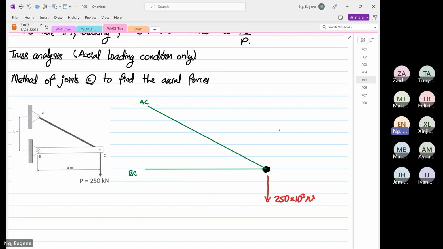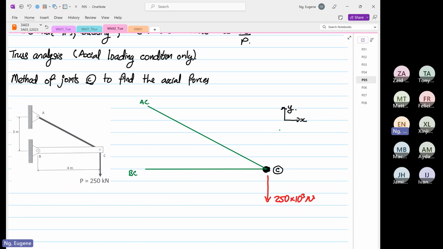So when this is our point C, currently we have 250 kilonewtons pushing it down. Okay, the only structure that can take a vertical load, let me call the transformation. Okay, this is X and this is Y.